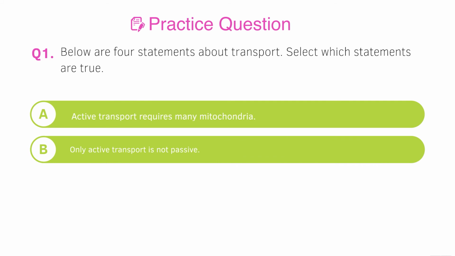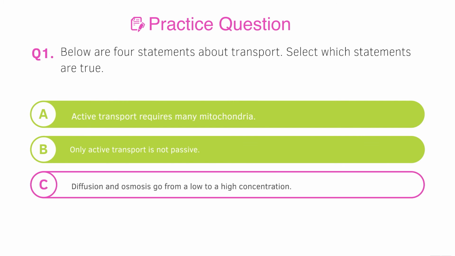Yes, if you think back to the table on the previous slides, we know that only diffusion and osmosis are passive. Active transport is not passive, it's an active process, as it says in its name. Diffusion and osmosis go from a low to a high concentration? Absolutely not. We know it's high to low, down a concentration gradient, therefore passive, therefore does not require energy.